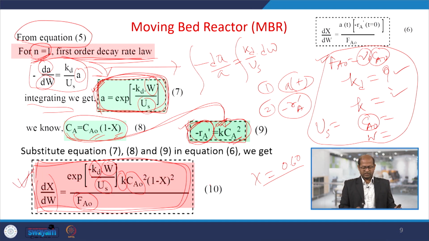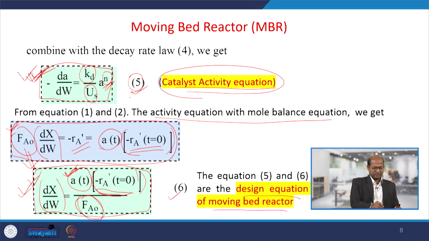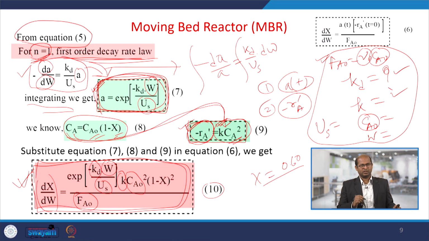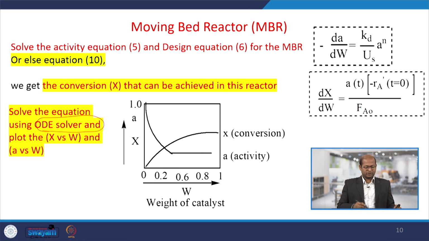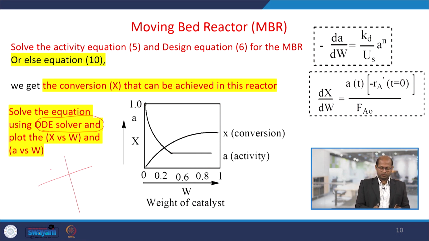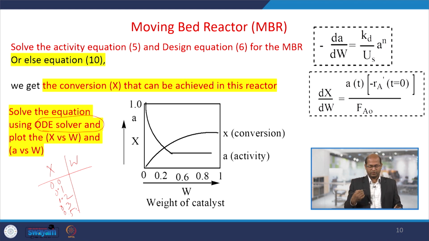Either equation 10 we can solve separately, or equation 5 and equation 6 we can solve simultaneously in a differential solver by providing all the terms. Then from the outputs we will get X versus W: X equal to 0, 0.1, 0.2, 0.3, 0.5, 0.6, 0.8, 1 up to this.